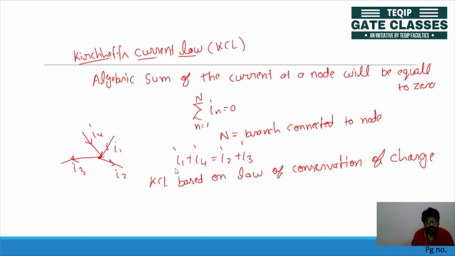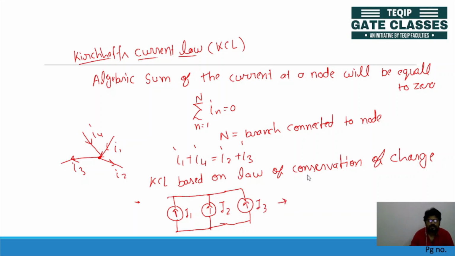Let's say we have a current source I1 here, and in parallel another current source I2, and another current source I3.